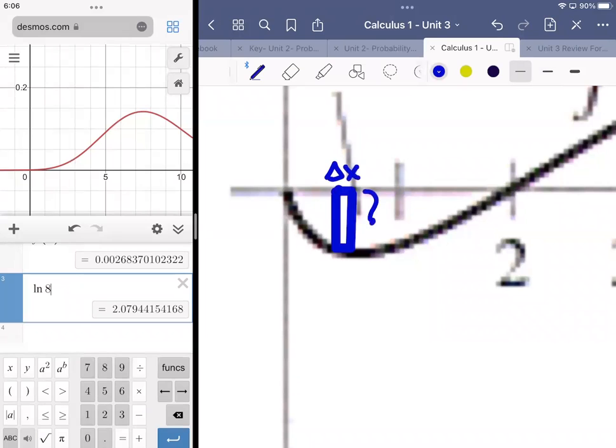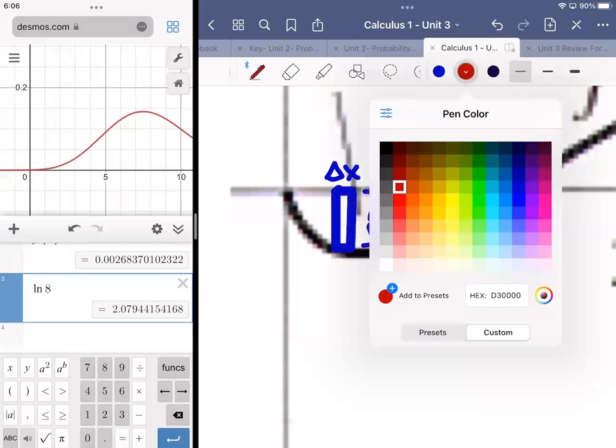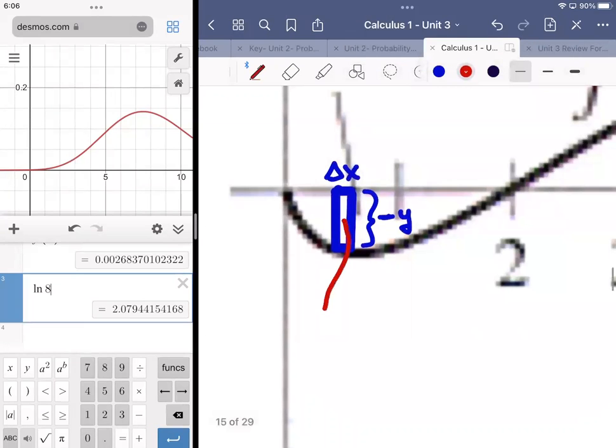But the height is some negative value of y. So the area over that interval, this area here, would be negative y delta x. Now, if that rectangle were of infinitesimal width, then I would say it's negative y dx, but it really doesn't matter at this point. It's really all about the sign, right? So this is a negative area.